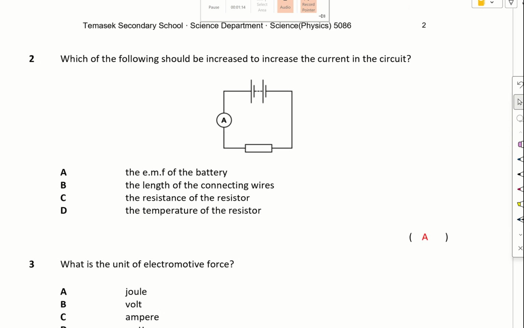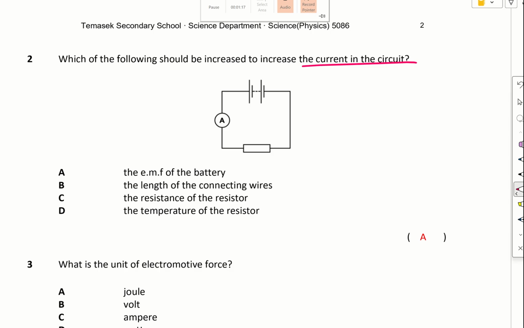Okay, which of the following should be increased to increase the current in the circuit? So we have this battery, okay, which is actually our EMF. We have current that flows through and is measured by an ammeter. We have a resistor. Okay, so the formula is V equals IR.